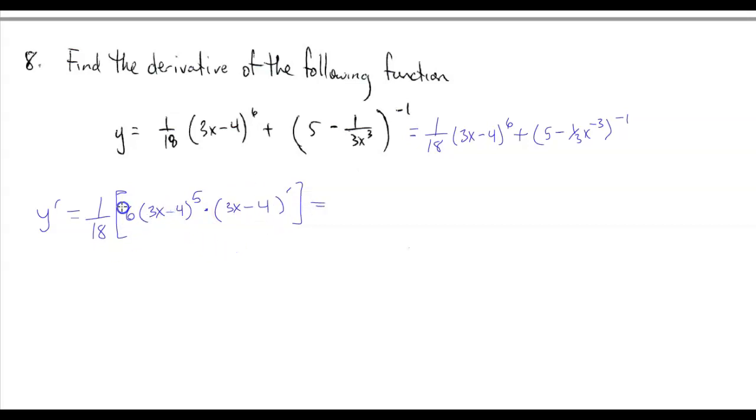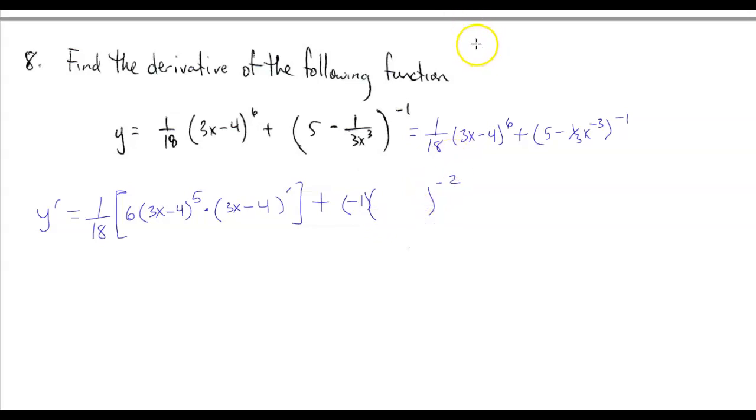Now for here, oops, I didn't mean to write the equal sign there. So now we want to work on the second term, and notice the second term is going to be blah raised to the -1. The derivative of blah raised to the -1 would just be -1 times blah raised to the -2.